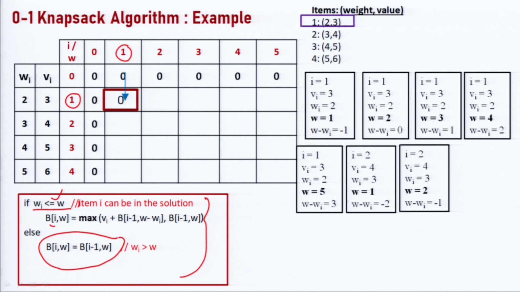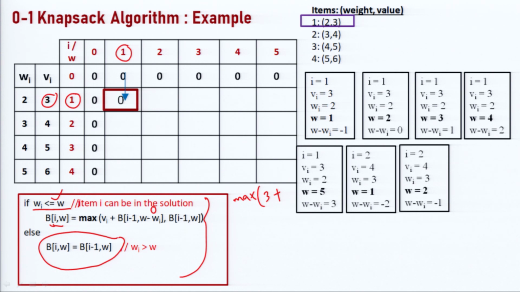In that case, we find the maximum value. Maximum of what? Maximum of Vi, the value of this item, which is 3, plus B[i-1][W-Wi]. What is the value of Wi? 2. So, 2 minus 2 is 0, and i-1 is 1 minus 1, which is 0, so B[0][0].